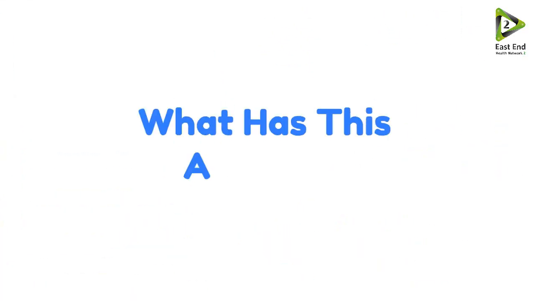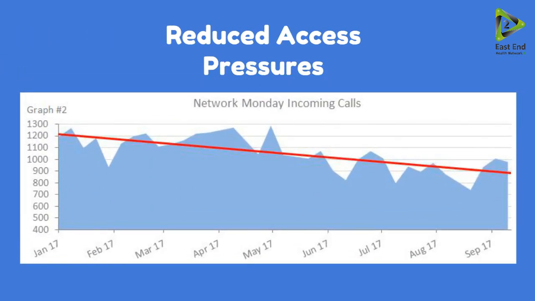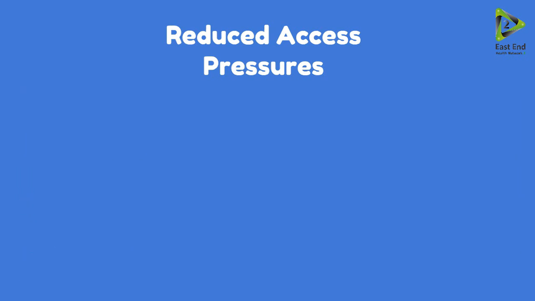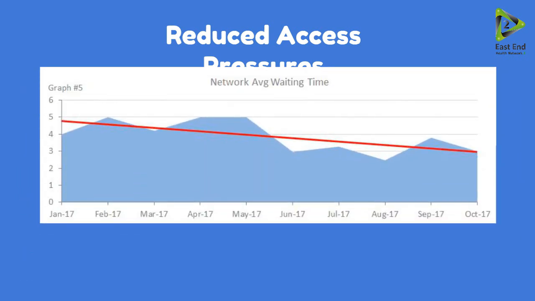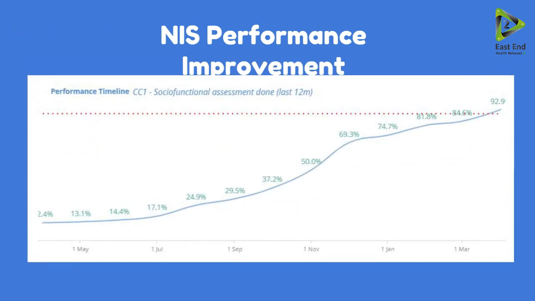So what has this achieved? It reduced access pressures on reception teams by diverting calls to our dedicated recall team. This not only reduced incoming calls to the reception teams, but also reduced the number of abandoned calls. It also helped improve NIS performance.